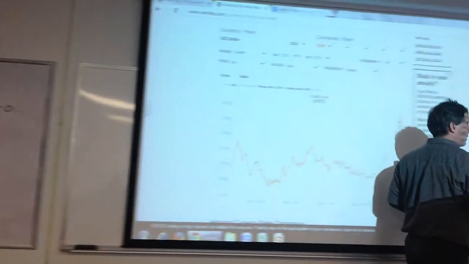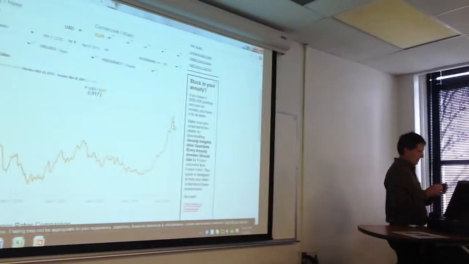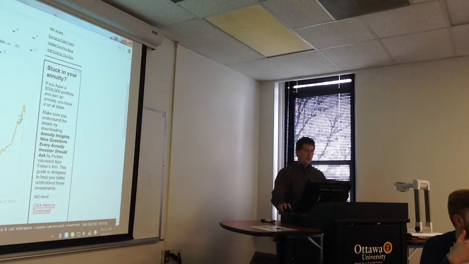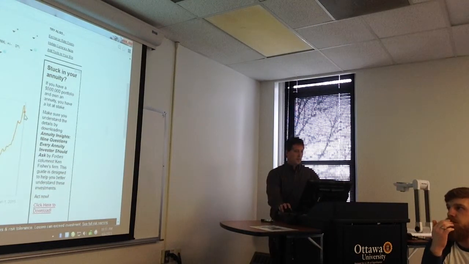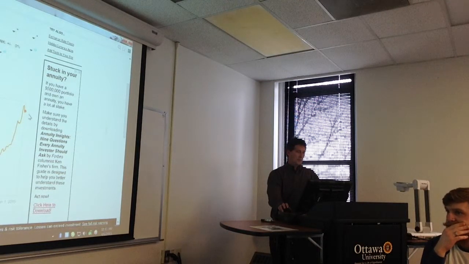Since the label has US dollars in black and then the 0.92 is in black too, they're trying to portray it that way. But dollars per euro, this is how many dollars.